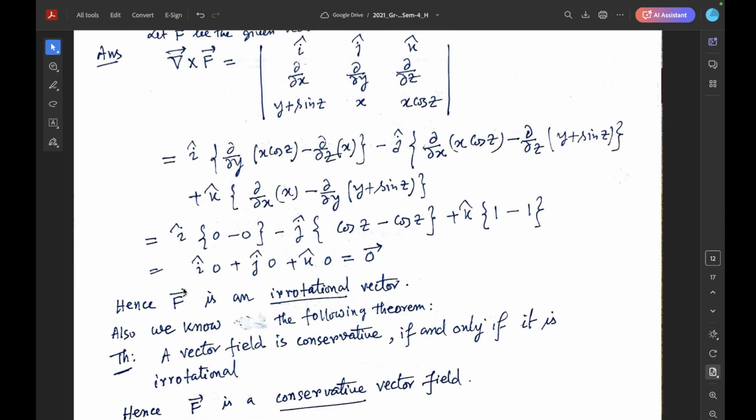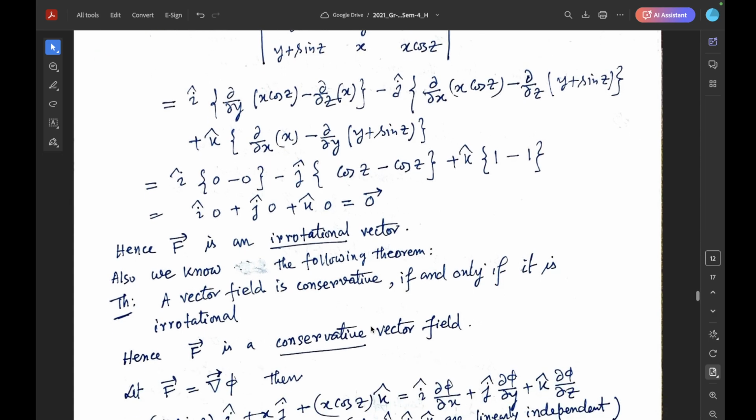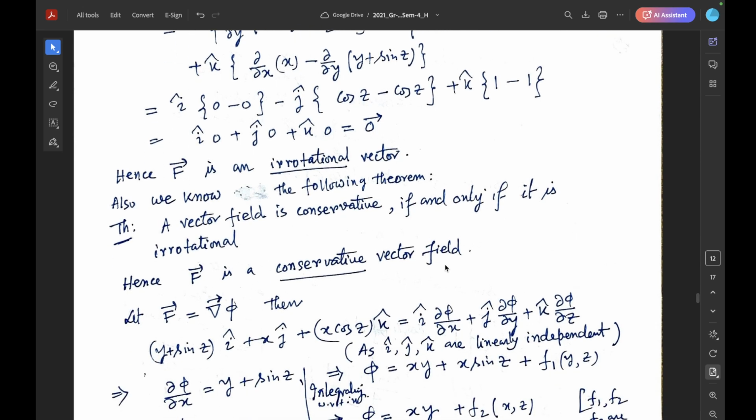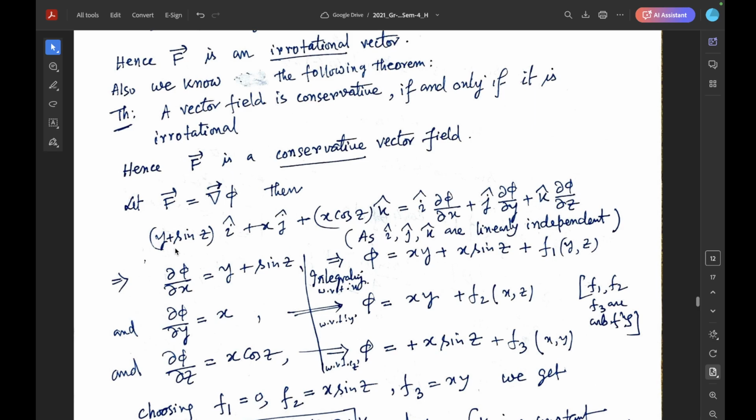Hence vector F is an irrotational vector. Now we have the theorem: a vector field is conservative if and only if it is irrotational. So obviously vector F is a conservative vector field. Then we can find a scalar potential phi such that vector F equals grad phi. So vector F is this.